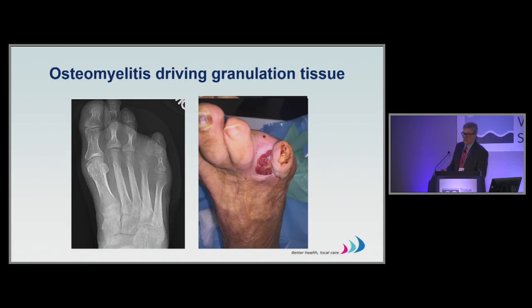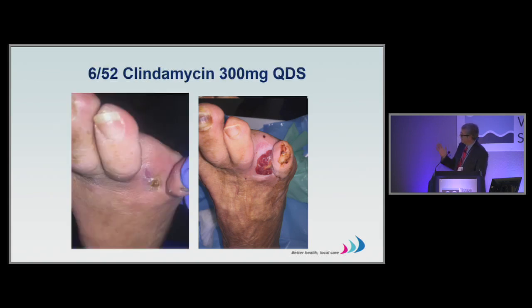But we aggressively managed her with 6 weeks of clindamycin, 300 milligrams, and it healed. So we managed to save the toe and actually halt the osteomyelitis. So she was very happy, and it was a good result. Not saying that it won't necessarily re-establish itself and come back, because there's always the risk that the osteomyelitis can lie dormant.